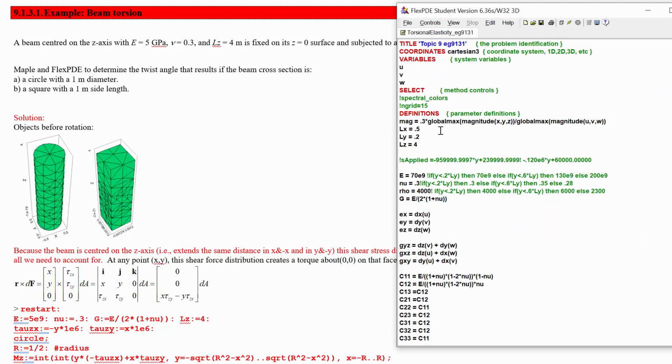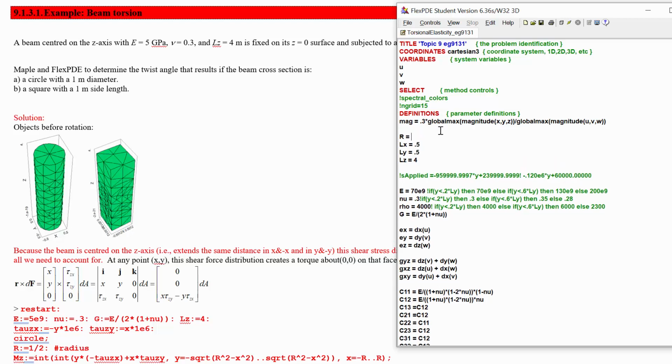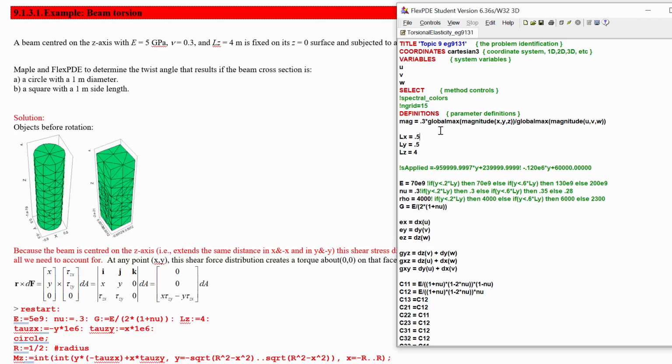So let's say Lx is equal to 0.5, Ly is 0.5, and first let's do the circle. R out is, oh, I guess actually we have this already. R out is just 0.5. Yeah, and it's 4 meters long.